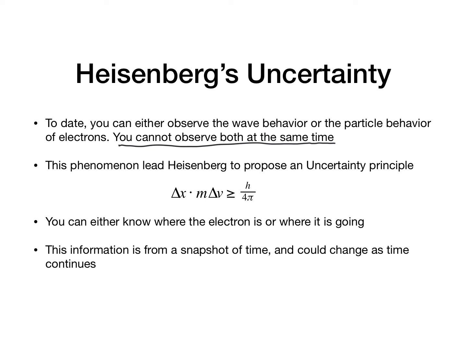This principle says you can either know where it is going, so this is the position, and this is the momentum. You can either know with accuracy where it is or how fast it's going. This information is what we would call a snapshot in time. You basically take a series of pictures as to where the electron is.